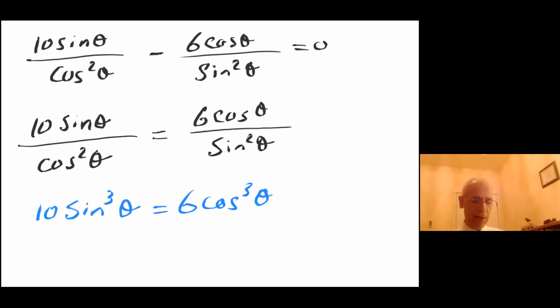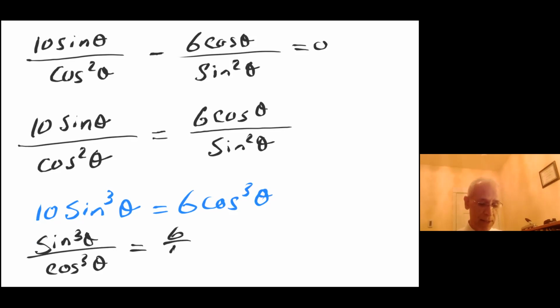Dividing both sides by cosine cubed and by 10 gives sine cubed over cosine cubed equals 6 over 10, and since both are divisible by 2, that's 3 over 5.